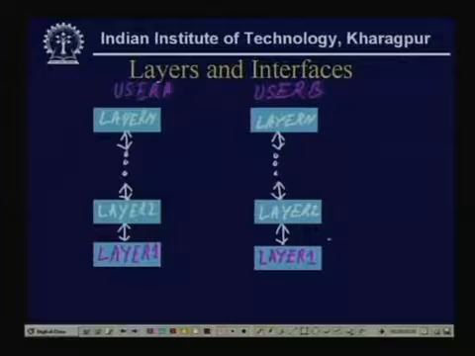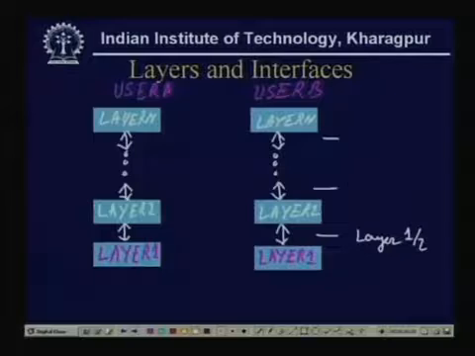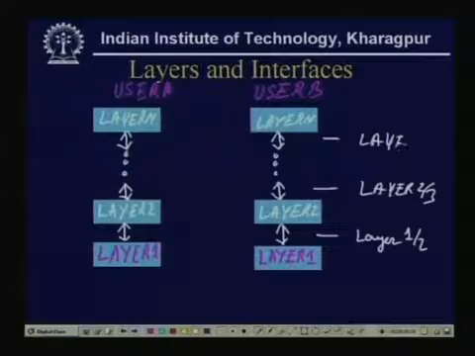Then here are the interface boundaries between layers. So this is the interface boundary between layer 1 and 2, between layer 2 and 3, and here is the interface boundary between layer n minus 1 and n.